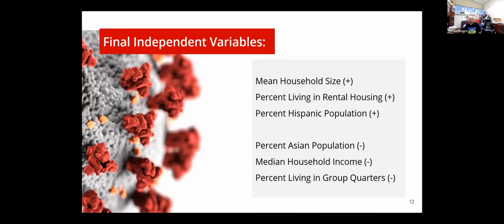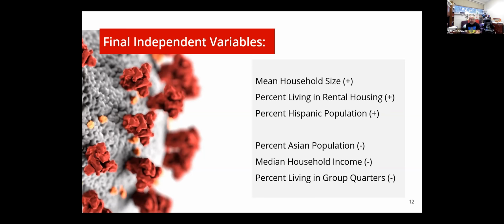Then we just had to select the variables that appeared in the model and the final version of the model. And what we found that made the model most robust, that did the best prediction, was the ones on the screen here: mean household size, the percent of people living in rental houses, percent of Hispanic population.